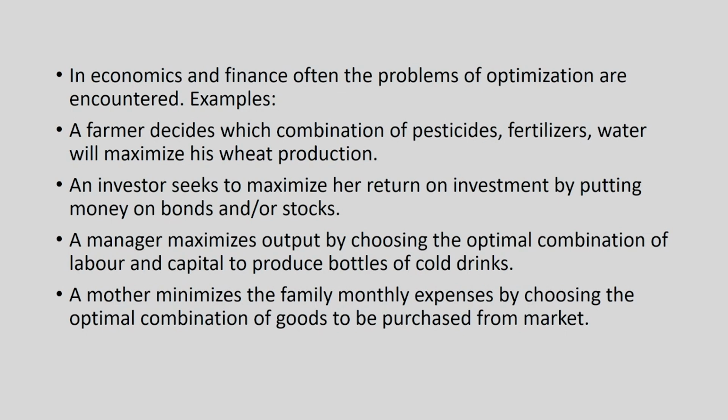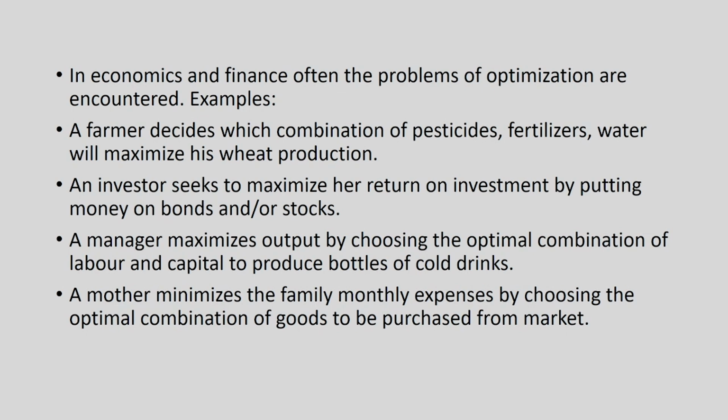A farmer decides which combination of pesticides, fertilizers, and water will maximize his wheat production. So here the farmer is encountering a problem of optimization. He wants to maximize wheat production, and wheat in this particular example is the output of many inputs.